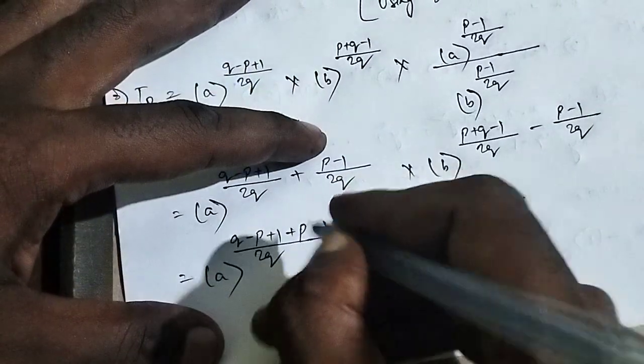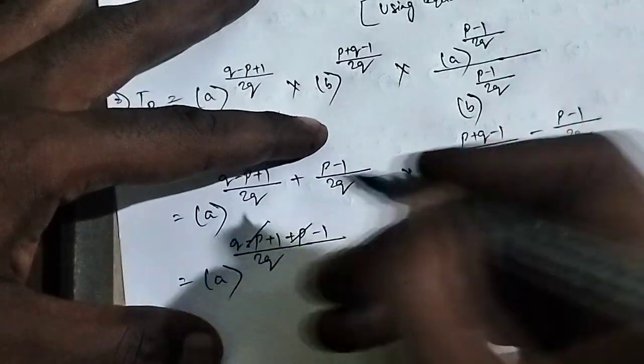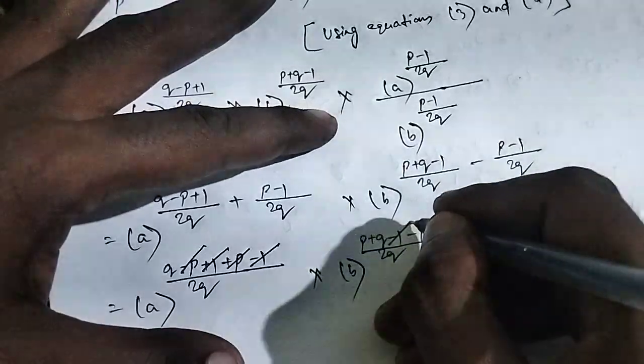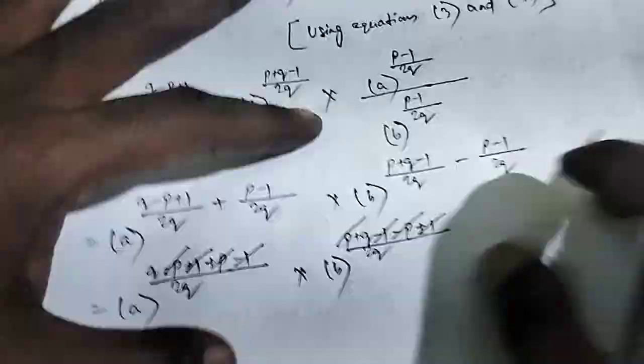Okay, so here you see minus p plus p cancel, plus 1 minus 1 cancel. Here also minus 1 plus 1 cancel, minus p plus p cancel.